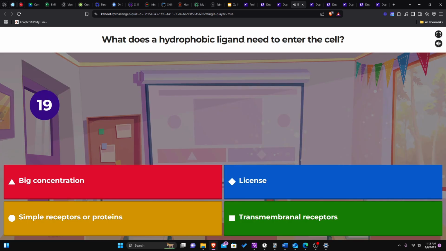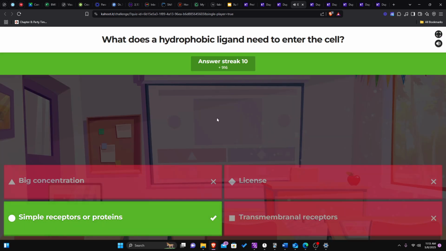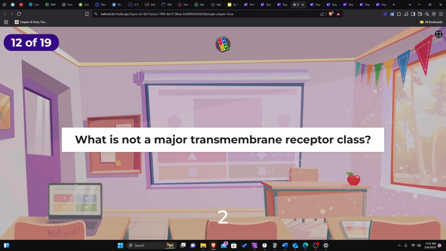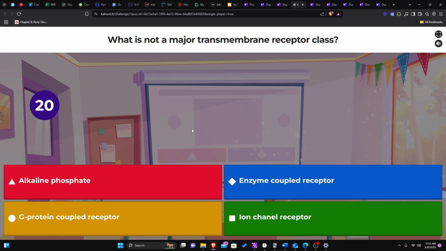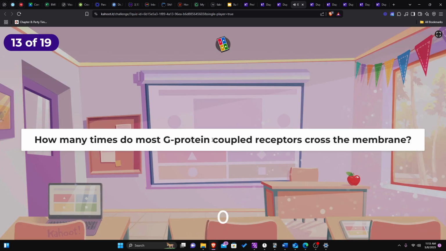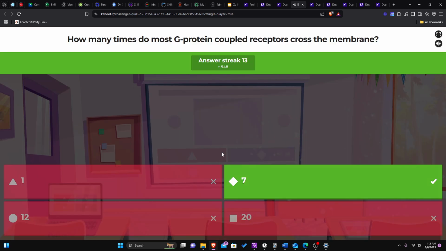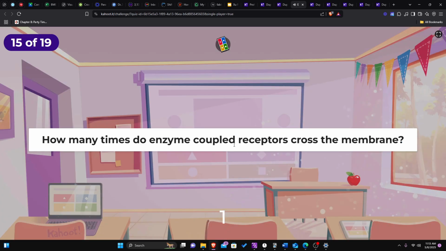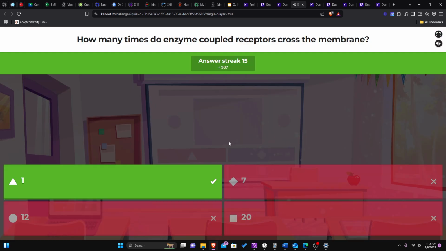Hydrophobic, and just needs a simple receptors and proteins. Hydrophilic would need a more complex transmembrane receptor. Protein cell. Alpha. One time.